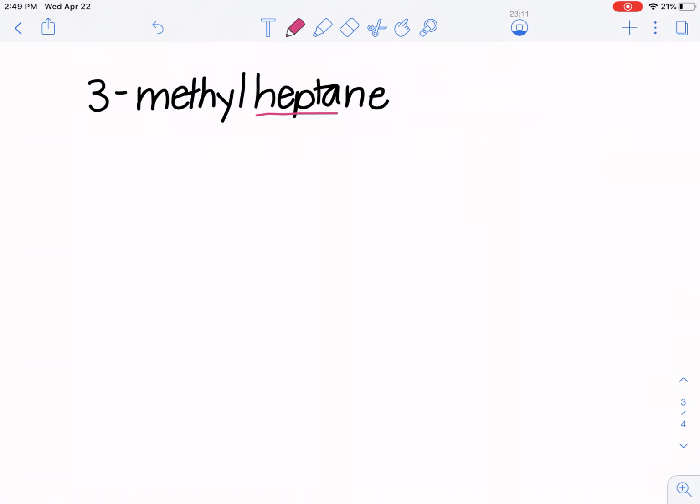I'm going to start with the main chain, and I'm going to draw them as simple as possible, meaning I have heptane. I'm going to draw a straight 1, 2, 3, 4, 5, 6, 7, a straight chain of carbon atoms. No, you do not have to draw the hydrogens because it's crazy. And then on the 3rd carbon, I'm going to draw methyl. 1, 2, 3, methyl.